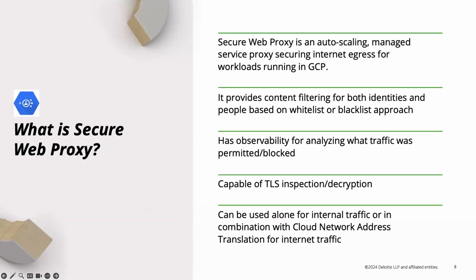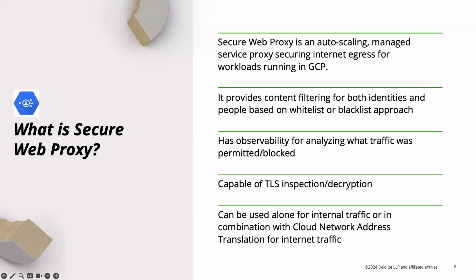So if A wants to talk to C, it gets stopped by B, B starts a new connection to C. So A never really sees C. They're always talking to B, the intermediary. That's the proxy. So Google hosts this proxy, and it allows you to do a whitelist, blacklist approach. So I can go to certain internet websites and just say, block everything, and let people go to Google, or let people go to update.com, to do updates of services.